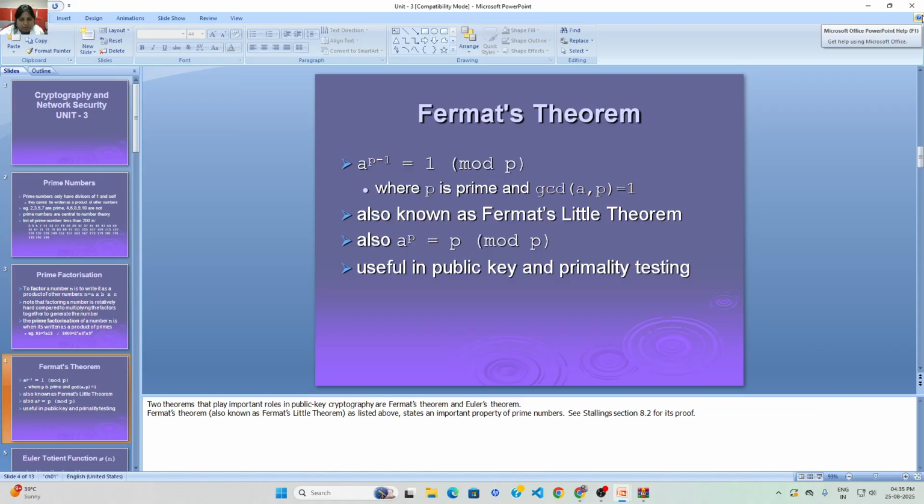It is used for public key primality testing.